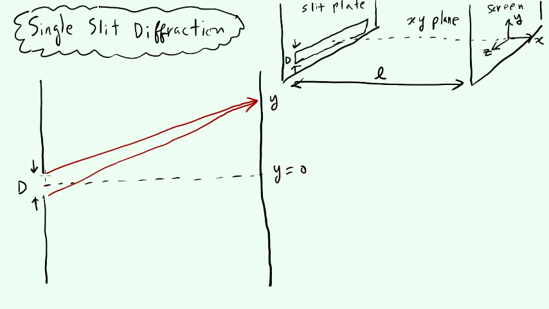This is actually quite severe in the case of a metal in the microwave region. So it's a very challenging problem, although some nice solutions are known in the literature. And so in general, the single slit problem is not very simple.